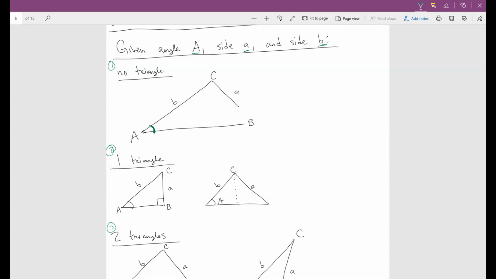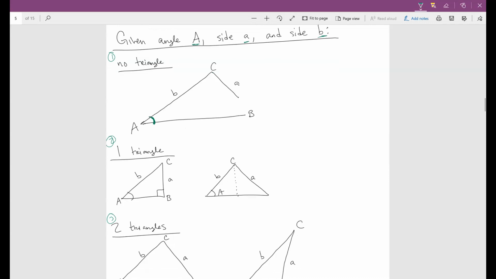You can find that when you're trying to figure out one of the other angles. For example, angle B would exceed the range of sine. So sometimes you will get no triangle in this case.